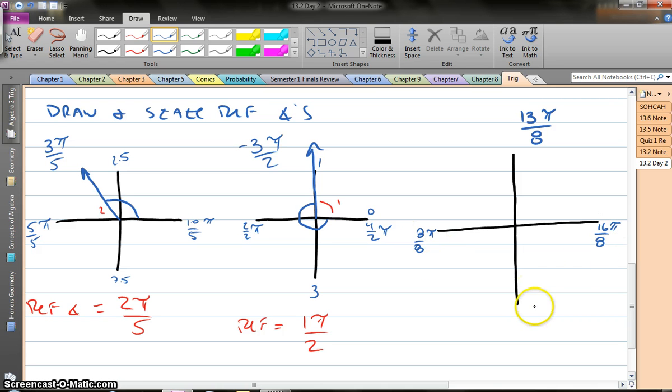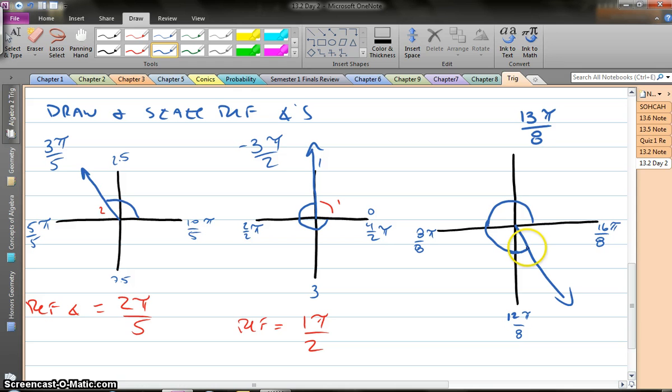Well, what's halfway between 8 and 16? Well, that's... I'm sorry, that's not 11. 8 and 16, there's 8 in between, that's 12. My bad. So 12, so 13, I got to go 1 more, so a little further.